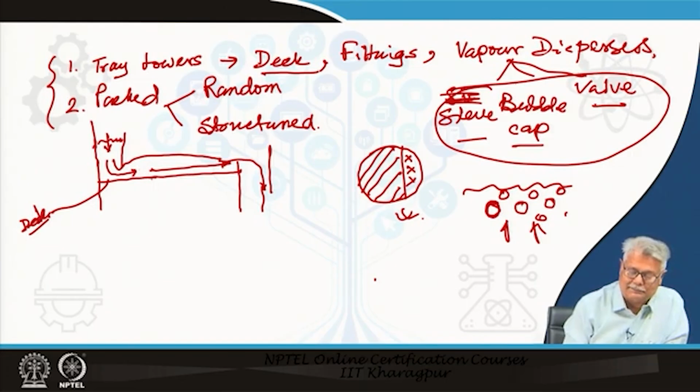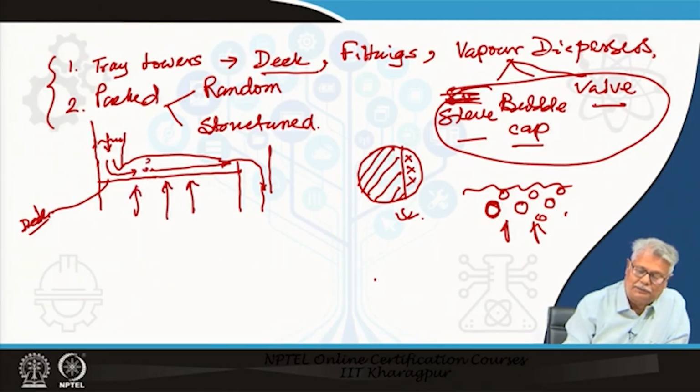Now, once this has happened, we know that the vapor comes from the bottom, the bubbles will go up, and naturally the vapor will be going up this way. Now, I come to the earlier problem which I just stated: how do I ensure that I have a level of liquid on my tray?